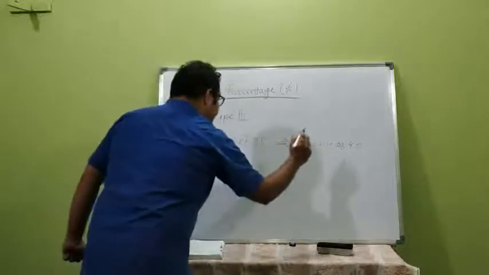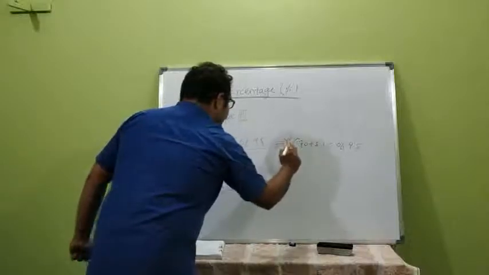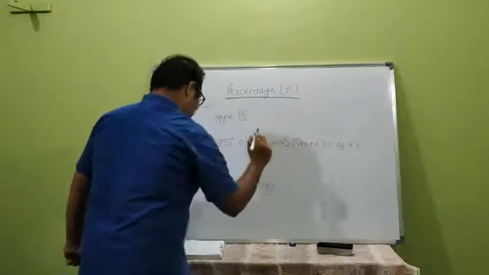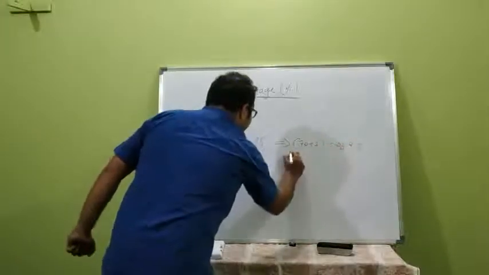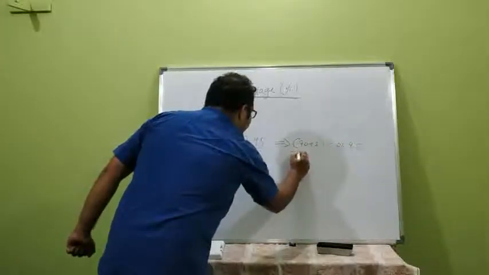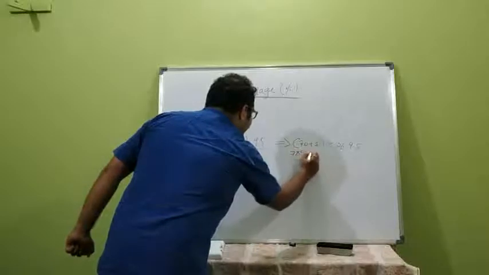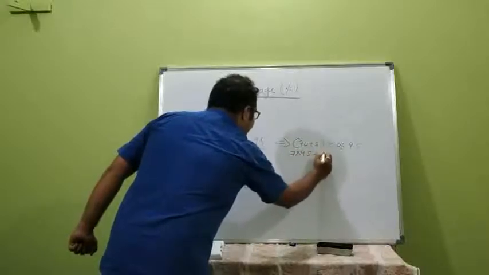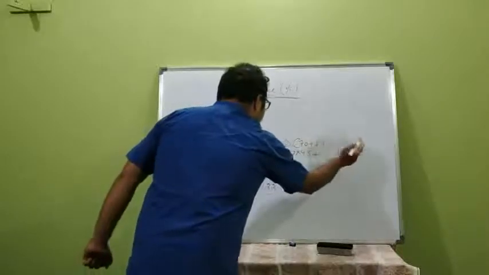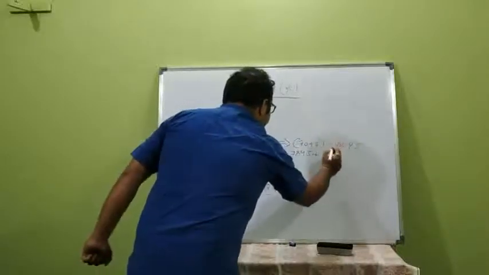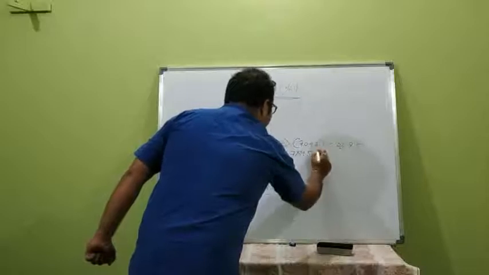You can make it an easier way. 10% of 95 is 9.5. So 7 into 9.5, plus 5 into 5% of 9.5. 1% of 9.5 is 0.95.